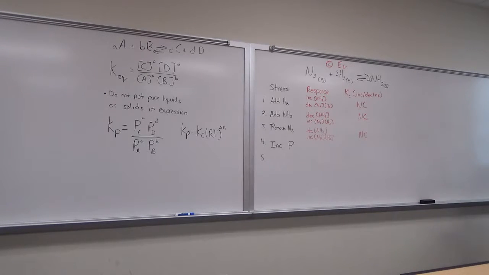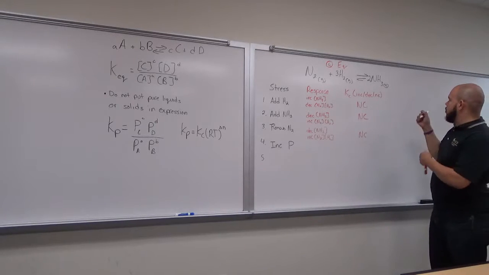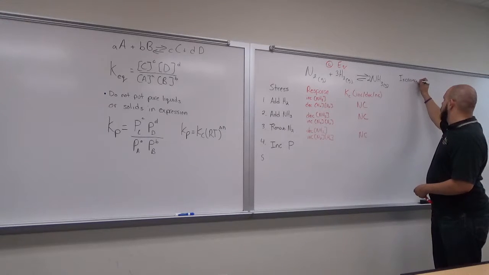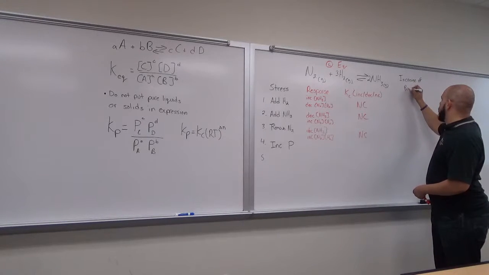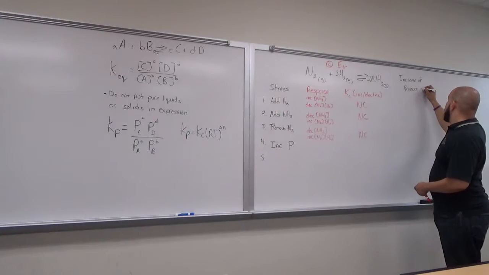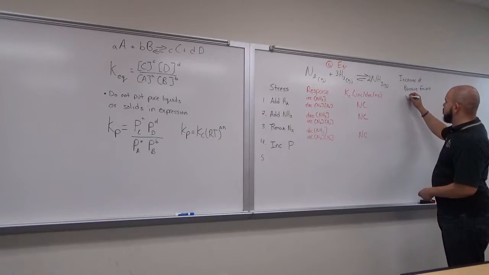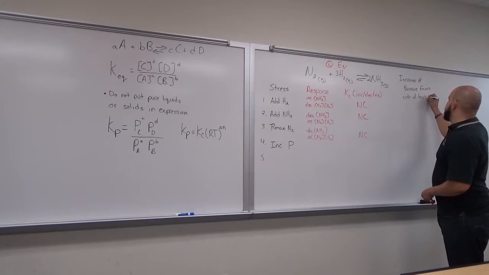Let's say we have a piston of some sort and we can decrease the volume of the container and thereby increase the pressure. By definition, you just have to remember this one. The increase of pressure favors the side with least moles of gas.